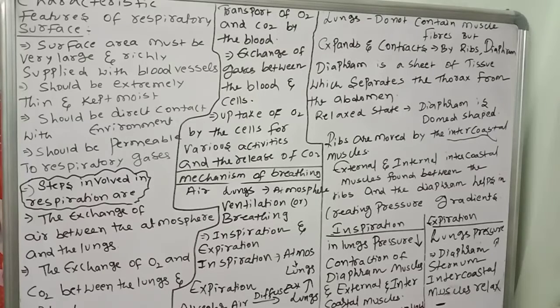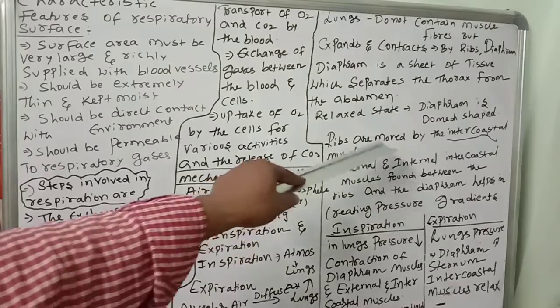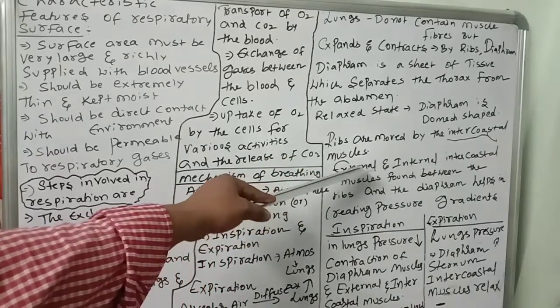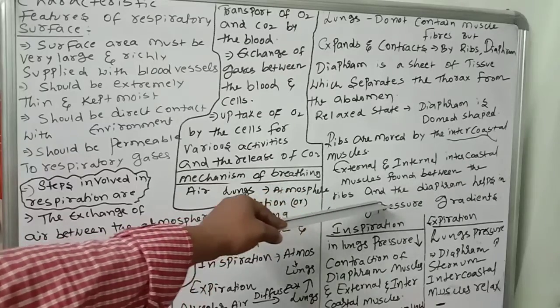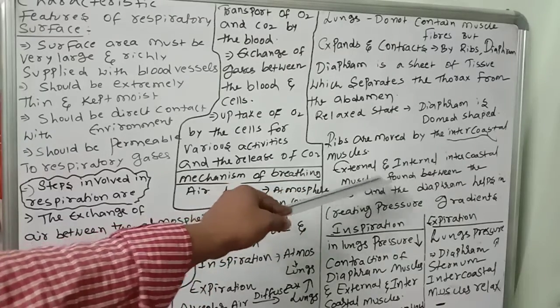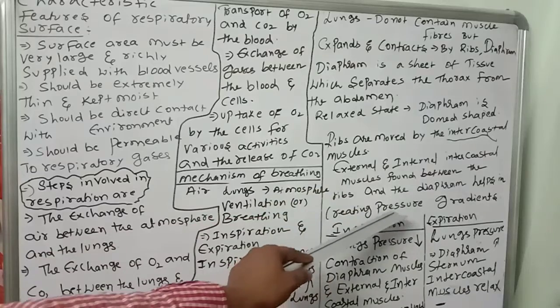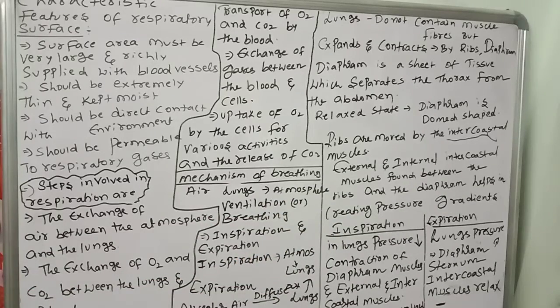Now, what is the mechanism behind inspiration and expiration? The ribs are moved by intercostal muscles. The external and internal intercostal muscles are found between the ribs, and these muscles plus the diaphragm help in creating pressure gradients, high concentration and low concentration, like that. So what will happen in inspiration?